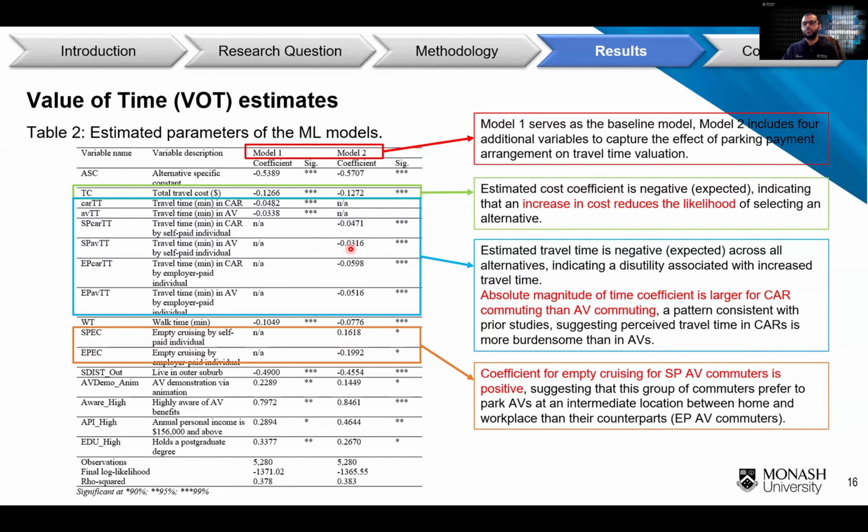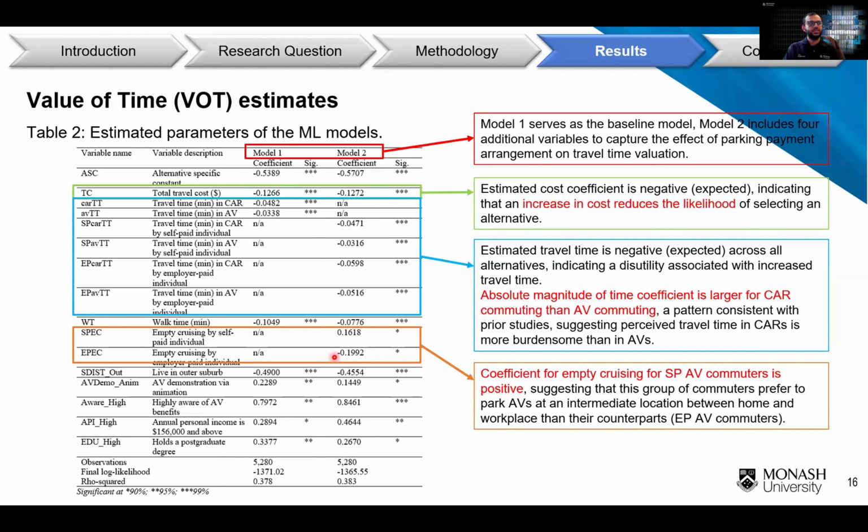So what we found is that the empty cruising estimate for the self-paid commuters is positive, while for the employer-paid it is negative, which indicates that the self-paid commuter has higher willingness towards empty cruising, while the employer-paid have less willingness, indicating they might be going for the traditional way of parking in the CBD close to their workplaces.